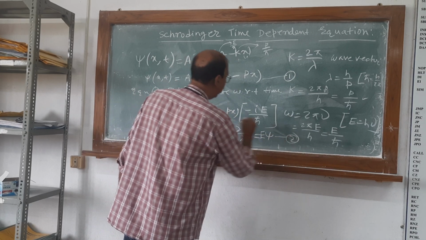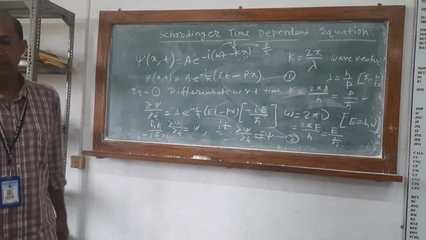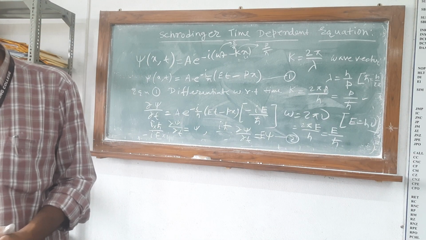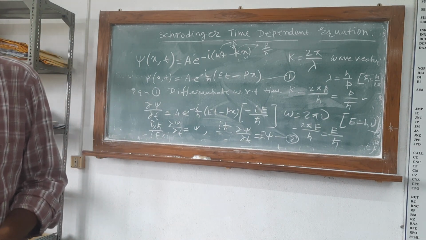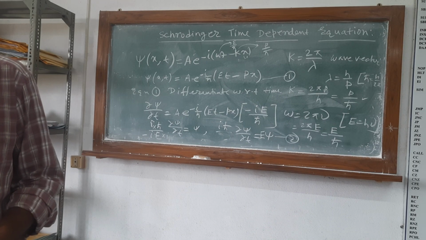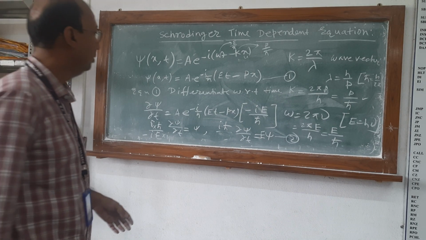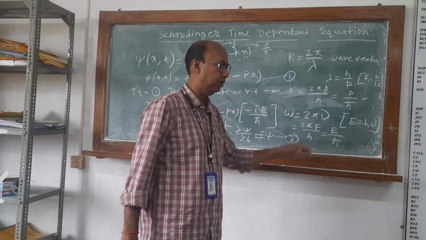So i h cut del psi by del t equal to E psi. This is equation number 2.